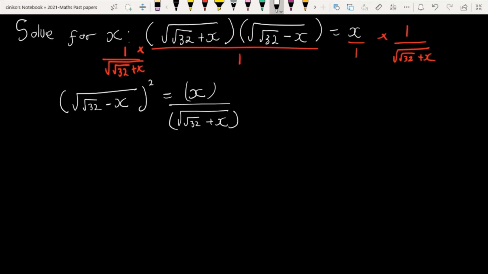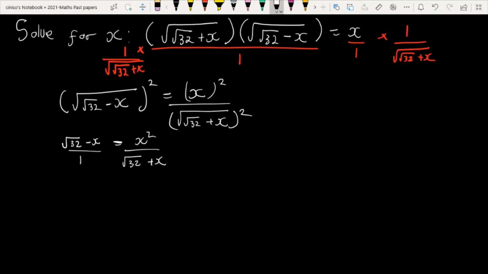Which means we want to square here and we square here to remove the square roots, and then we'll remain with the root of 32 minus x is equals to x squared over the root of 32 plus x.